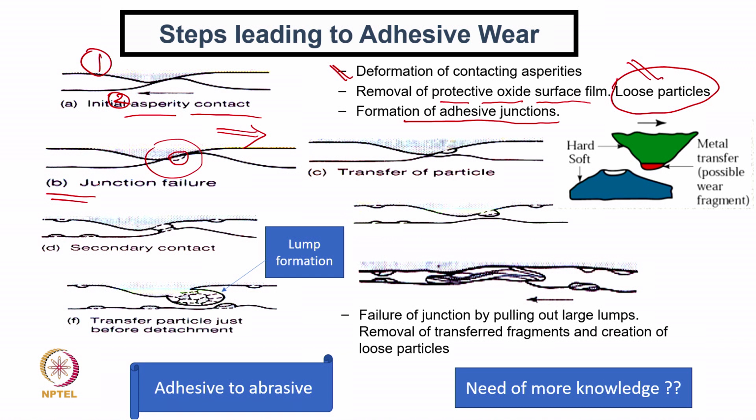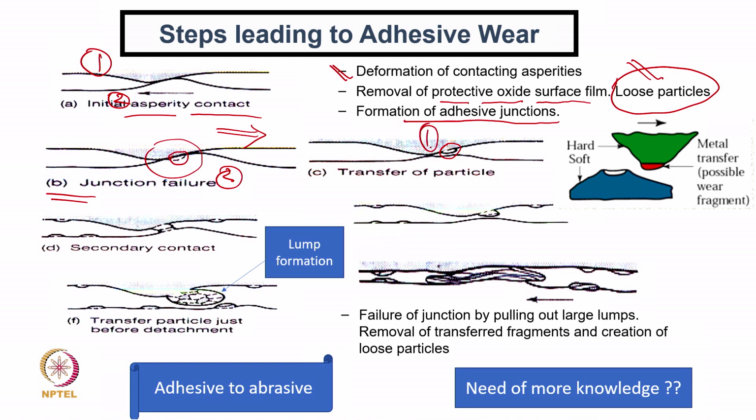And because of the junction failure, if the interface is not really weaker, what will happen? The softer material, if I am assuming metal 2 is the softer layer, will come off, and some sort of particle will get deposited, or material will be transferred to metal 1.